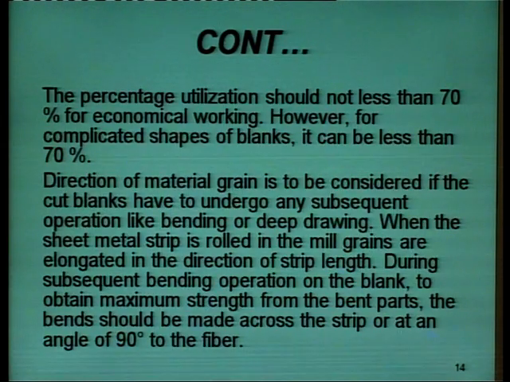During subsequent bending, to obtain maximum strength in the bent parts, the bend should be made across the strip, or at an angle of 90 degrees to the direction of the fiber. That means if the fiber is in the longitudinal direction, then the bend should be in the horizontal direction, 90 degrees to the direction of the fiber.